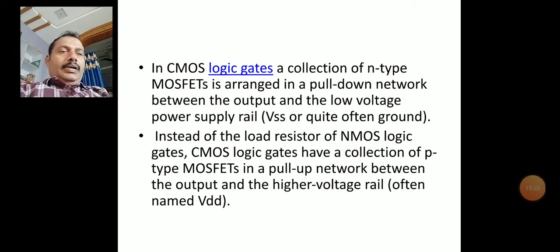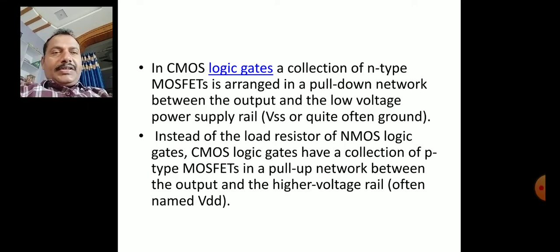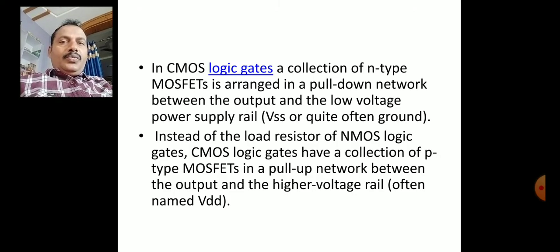Now, in CMOS logic gates, a collection of N-type MOSFETs is arranged in a pull-down network between the output and the low voltage power supply rail, that is VSS, often called ground.